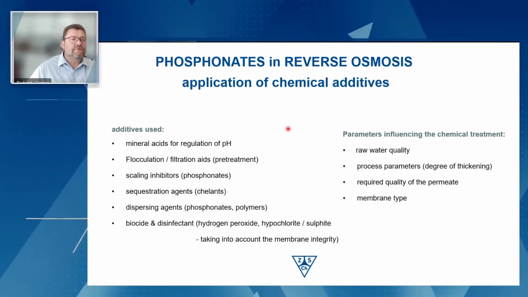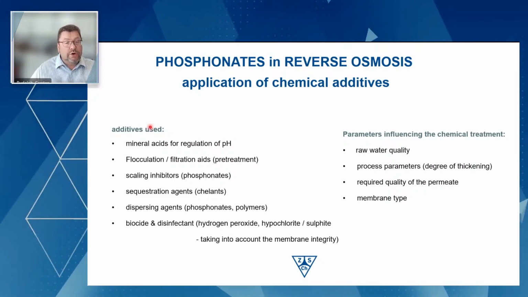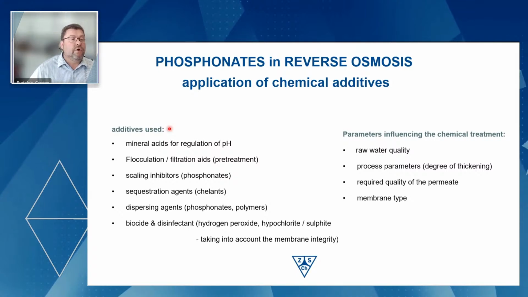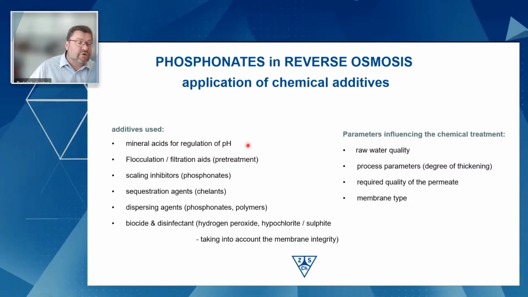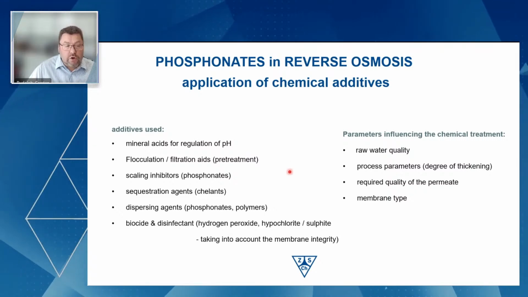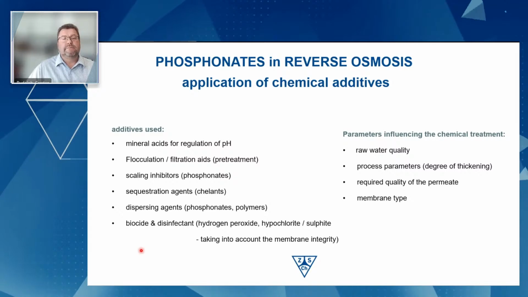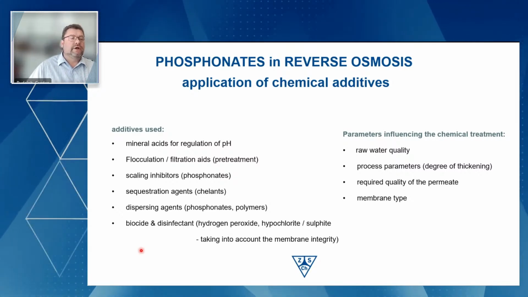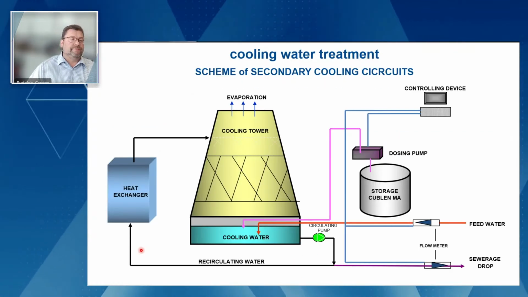In total, we have much more, not only the antiscalants; we also have the pre-treatment of the water, which can be mineral acids for pH regulation or any flocculants. So a lot of different chemistry is used in order to keep this process as efficient as possible.